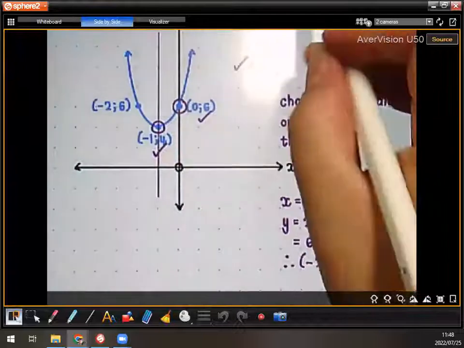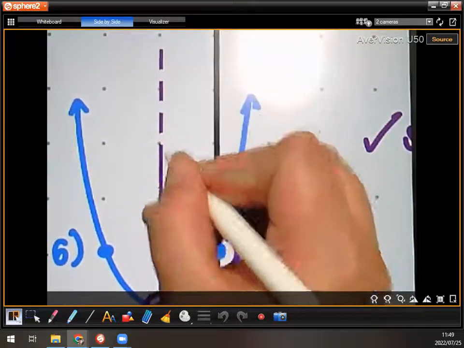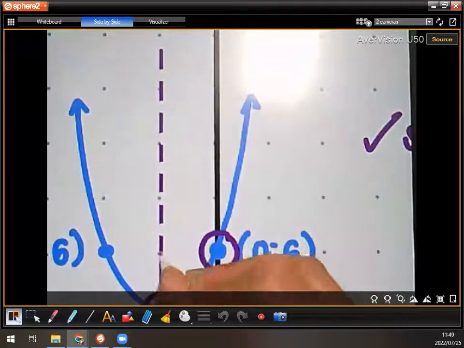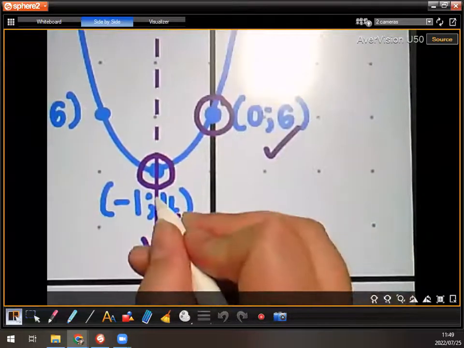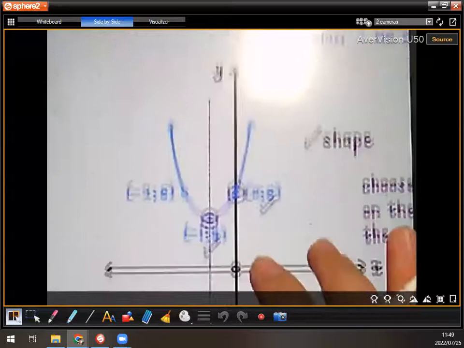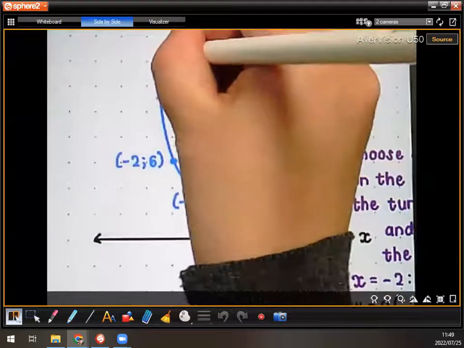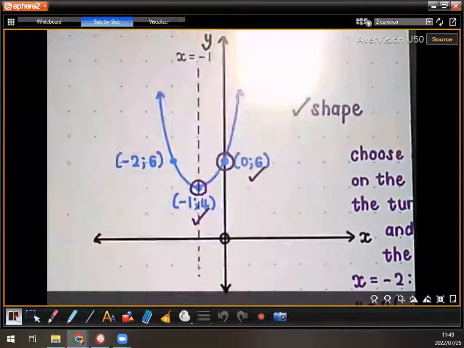And remember that if you are drawing it, you need to just label it as well. So just write x equals -1.